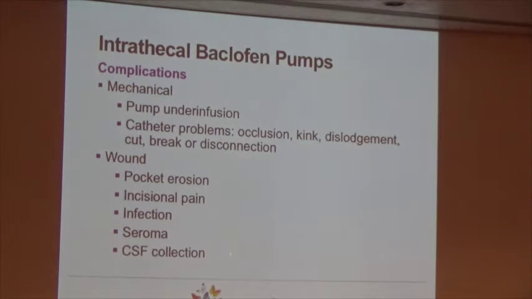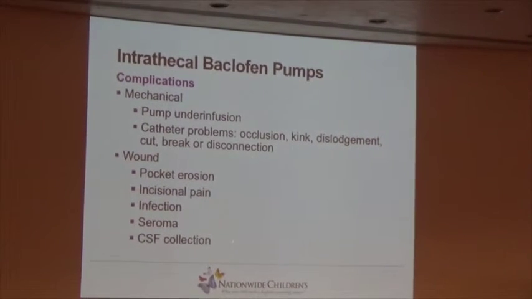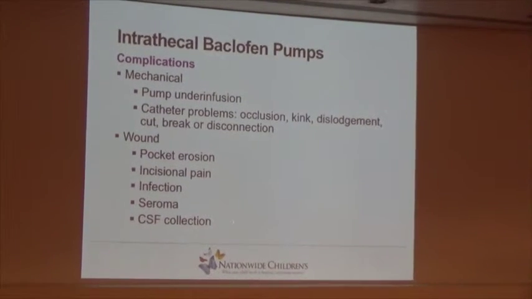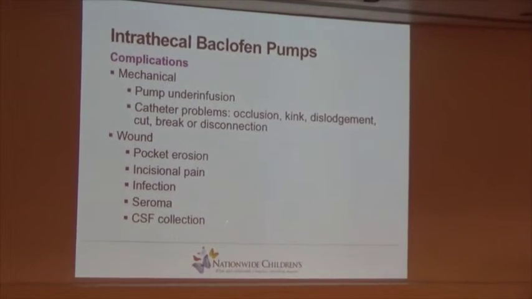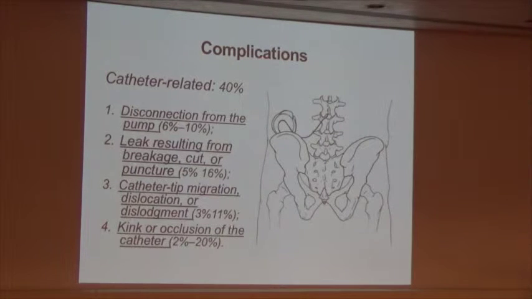This gets at what I'm talking about, the downsides of the Baclofen pump. It is, while not a permanent procedure for management of spasticity, a procedure that is fraught with complications, meaning pump malfunction, catheter breaking problems, occlusion, kinks, wound pocket erosion, incisional pain, infection, and these complications can manifest as disconnection, breakage, or cutting. In some of the literature, they talk about catheter tip migration or dislodgement upwards.